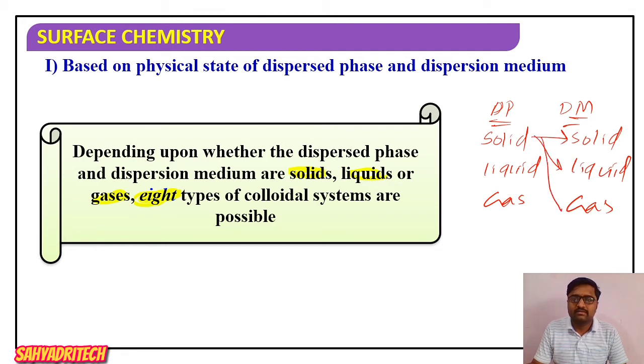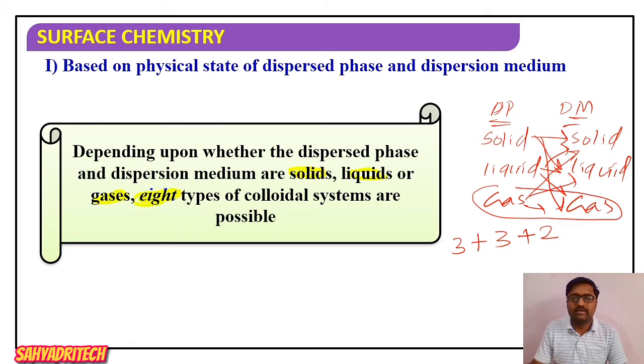Now if you consider the combinations, solid-solid, solid-liquid, solid-gas. So we got 3 combinations. Plus liquid-solid, liquid-liquid, liquid-gas, one more 3 combinations. Now third one, gas-solid, where gas is the dispersed phase and solid is the dispersion medium, and gas-liquid. Here 2 combinations. What about gas in gas?